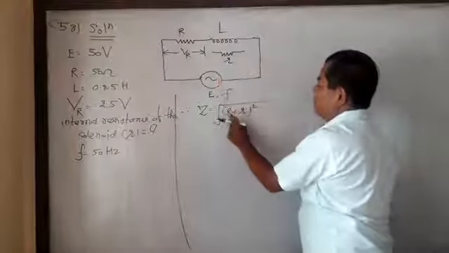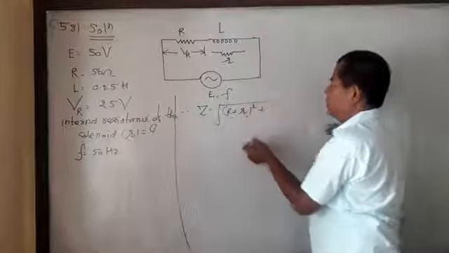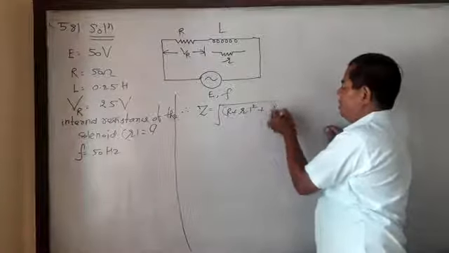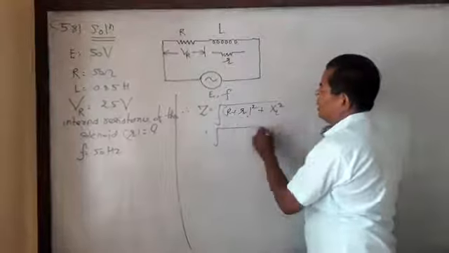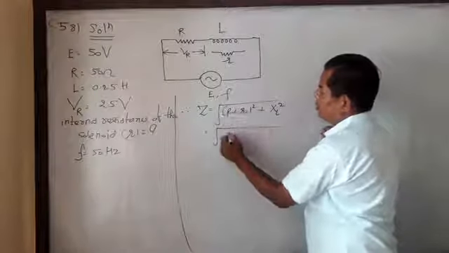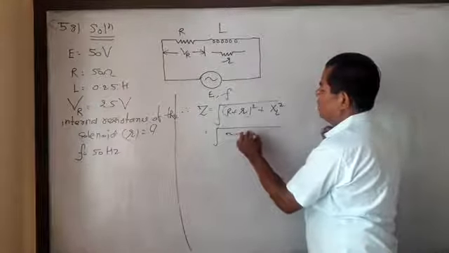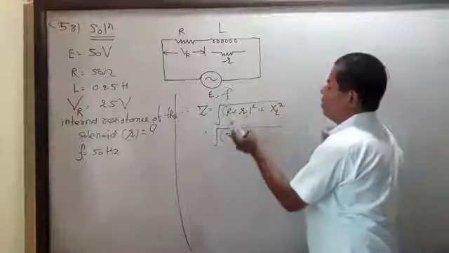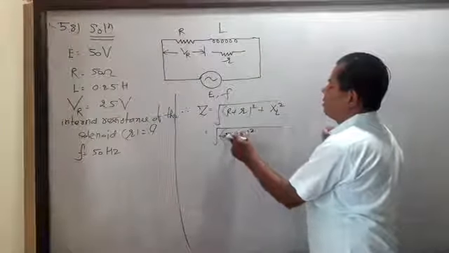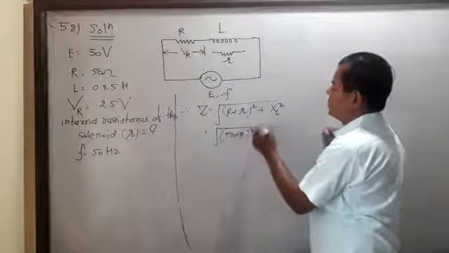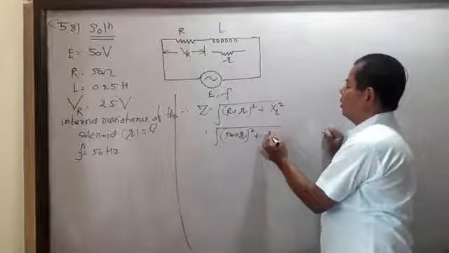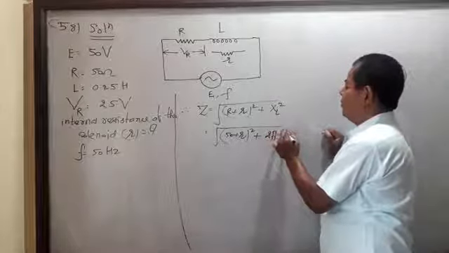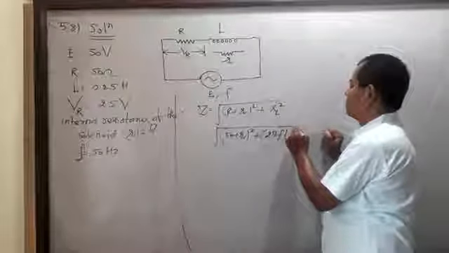Then Z is equal to the square root of (R1 plus R2) squared plus XL squared. R has value 50, small r is unknown to us. That is why (50 plus small r) whole squared, plus XL, which is omega L, that is (2 pi f L) whole squared.